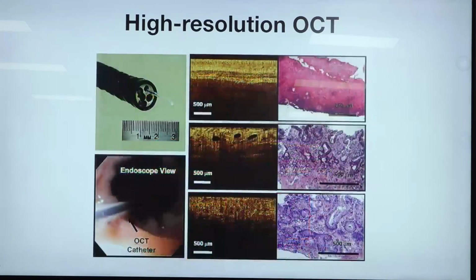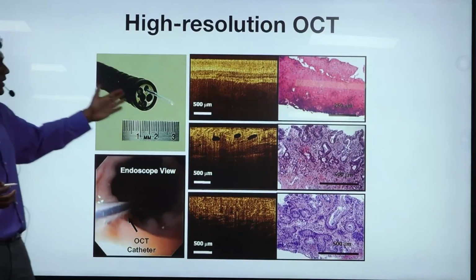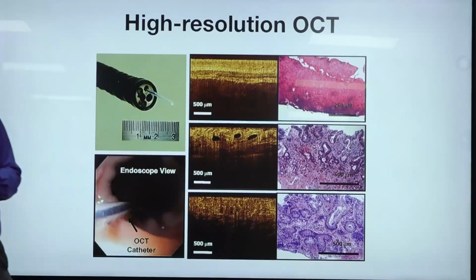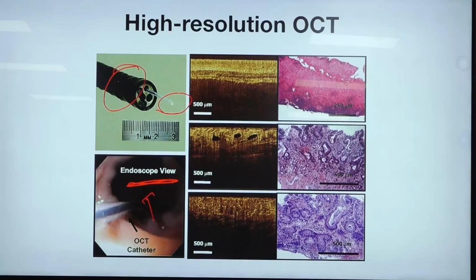People have also built high resolution versions of endoscopic OCT, where you can get much higher resolution images than before. This is the endoscope, like I mentioned, the camera view, and you can put this OCT fiber, which is very small and thin, inside the endoscope.